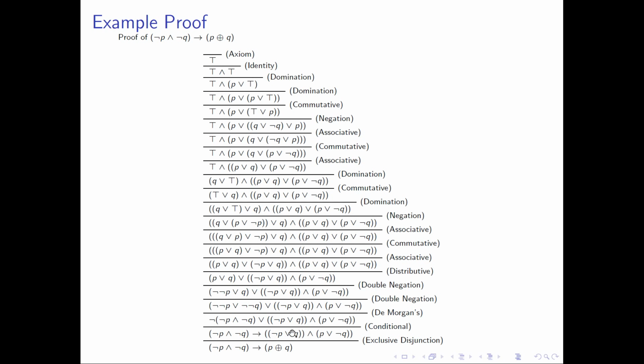Okay. And all we do at the end is we replace this conjunction here with exclusive disjunction, as we had for the introduction of exclusive disjunction. Okay, so this is an example proof of this formula, just starting with truth and just using our laws of equivalences all the way down. And you might want to try that for other formulas.